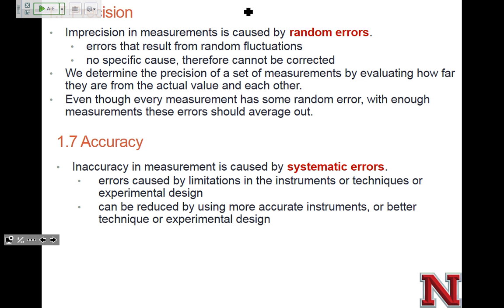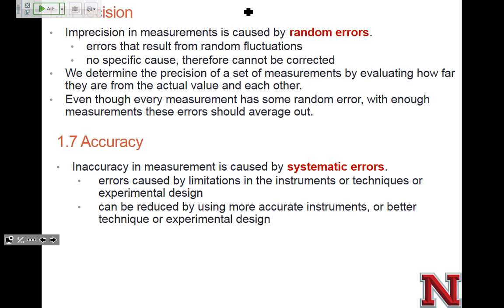Now, accuracy is often caused by systematic errors. So, for example, your instrument might not be calibrated. You might take this measurement 5 times, and it's always coming out to roughly the same number, but that number is not close to the actual value. And that might be because your instrument just needs to be calibrated.